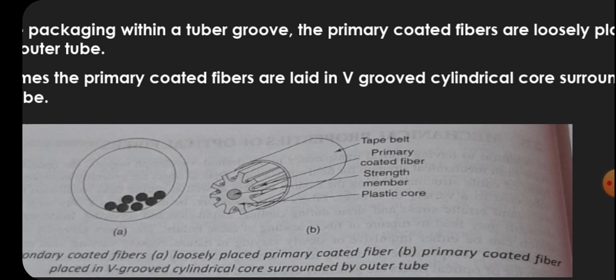You can see that the primary coated fiber is within the V-groove structure, and the outermost covering is the PVC tape belt, and the strength material is there. Also the plastic core is shown.